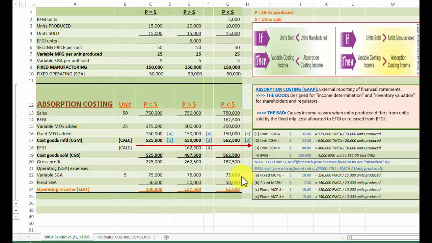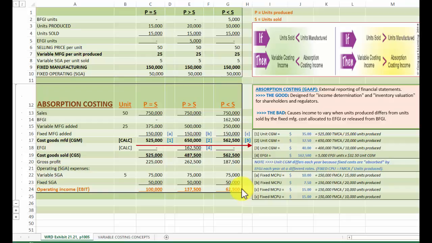So deduct the total of $125,000 of selling, general, and administrative expenses from the gross profit of $187,500, and you get $62,500. Wow! In this third period, the income is less than the other two periods, despite the cost structure being the same, the selling price being the same, and the company selling the same number of units.